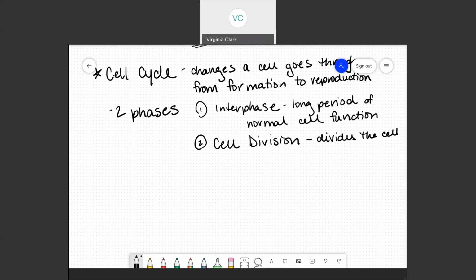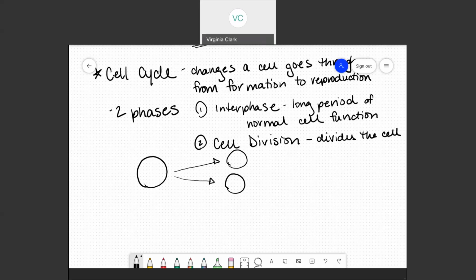just like it says. So when we say the cell cycle is the changes a cell goes through from formation to reproduction, and these are our two phases, what we mean is that you are going to have one cell. That one cell is going to be doing what is called interphase. That cell will then go through a process that is cell division, and it will produce two cells.